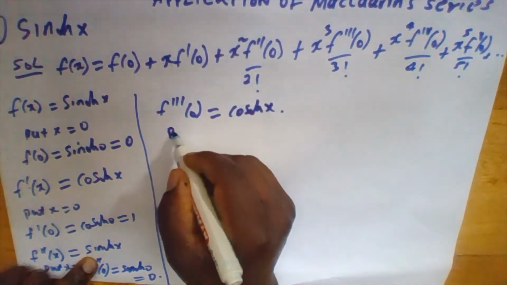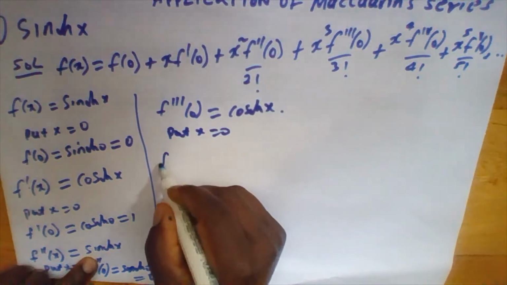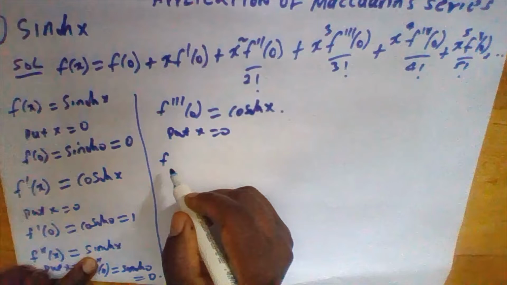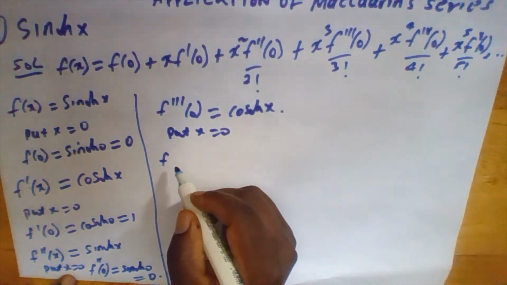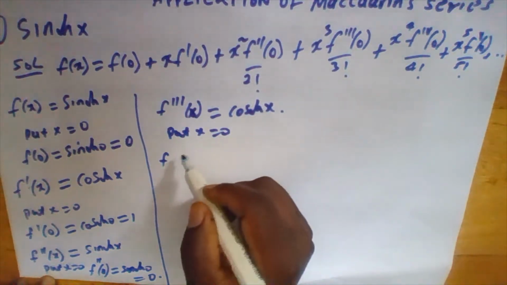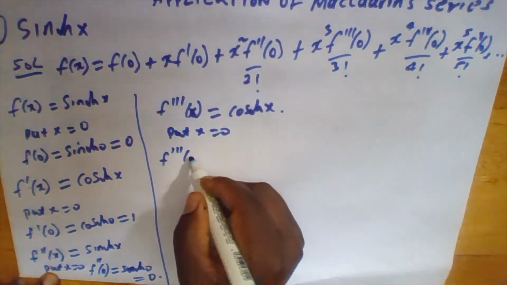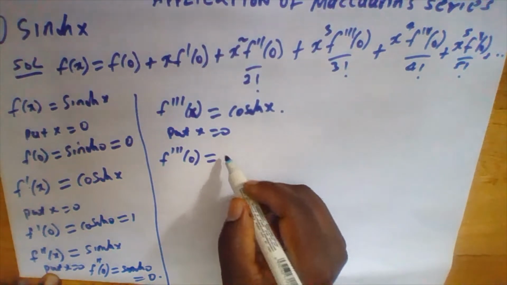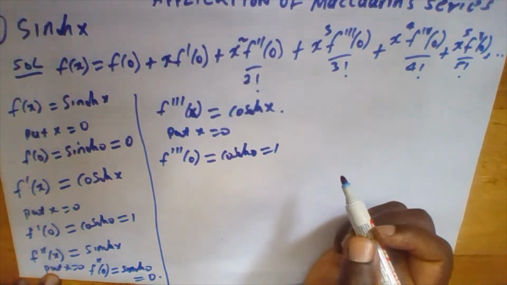Then we put x equals 0. So here we have cos 0, which equals 1.